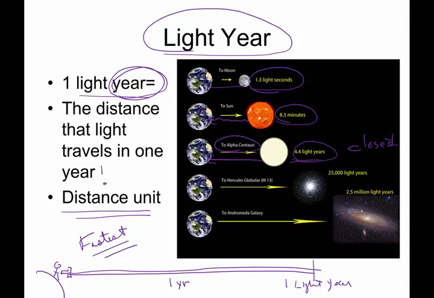We'll talk about globular clusters. They're beautiful structures of clusters of stars. And our closest galaxy to our Milky Way galaxy, the Andromeda galaxy, is 2.5 million light years away. That's a nutty big distance, but that's why we use light years. If I measured this in miles, we'd have numbers with lots and lots of zeros behind them, and we could, but it would be really hard to wrap our heads around.